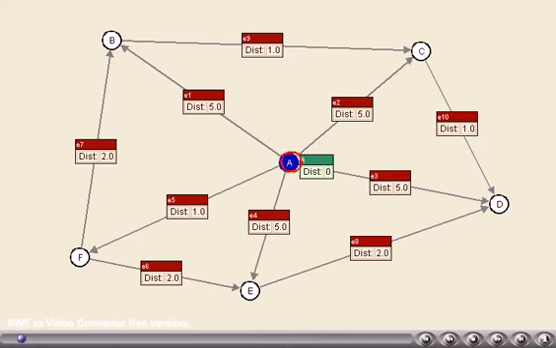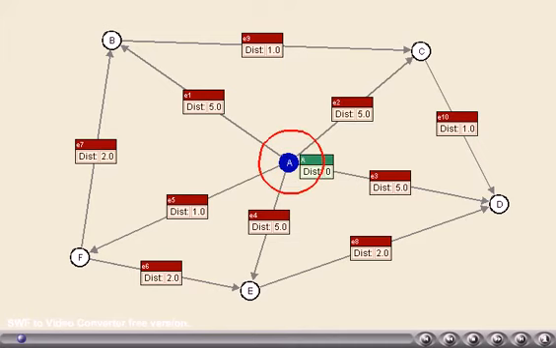Once we identify that they are along the shortest route, we make them final state. 3 colors are used to show these 3 states of the nodes. Now, the blue color for the node A indicates that it is in the ready state.